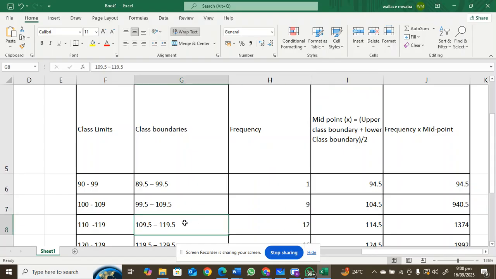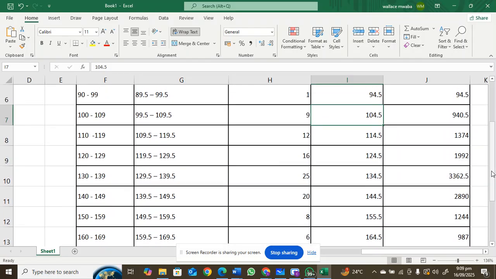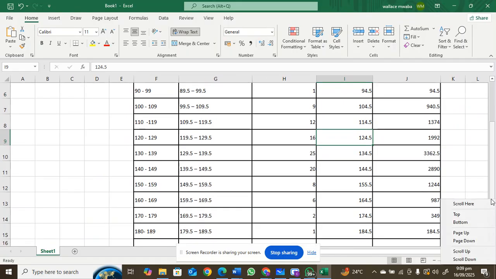For the next class, 119.5 plus 109.5 divided by 2, you get the midpoint. We can see our midpoints are increasing by 10. 94.5 plus 10 is 104.5, 104.5 plus 10 is 114.5, and 114.5 plus 10 is 124.5. That's how you get your midpoints.